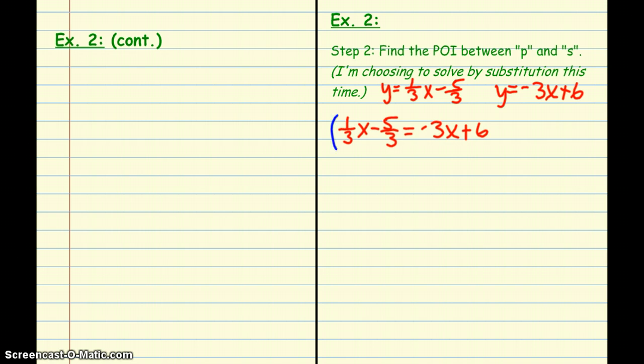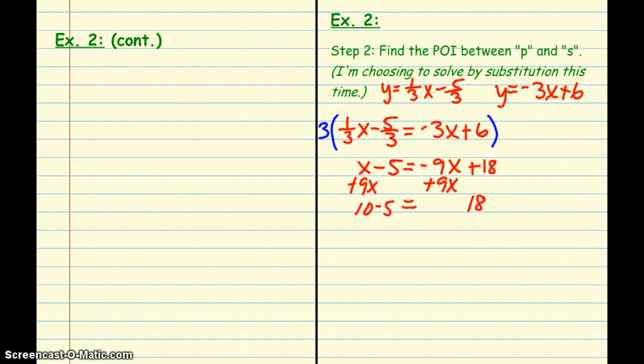So I'm going to end up multiplying everything by 3, which gives me x minus 5 equals negative 9x plus 18. And now I'm going to solve for x. So I'm going to add 9x to get 10x minus 5 equals 18.